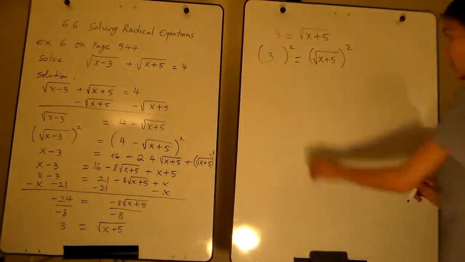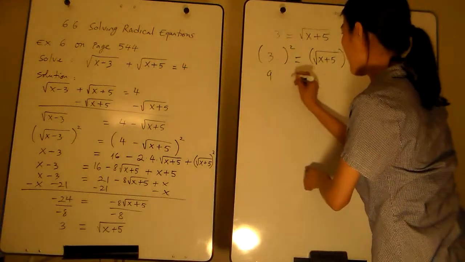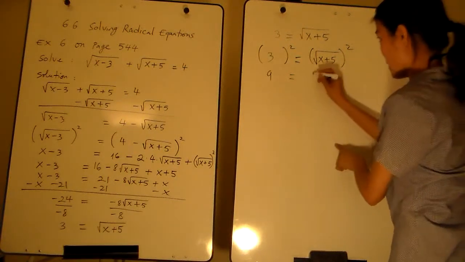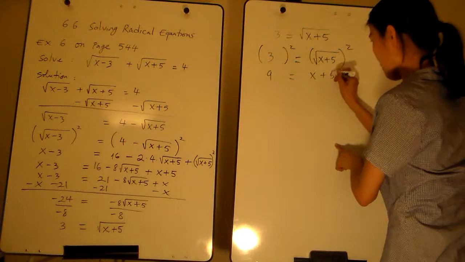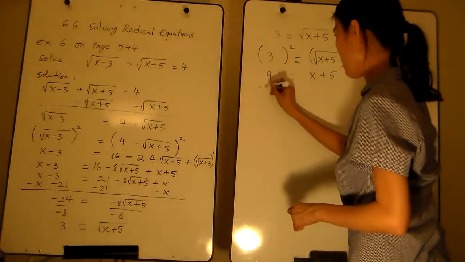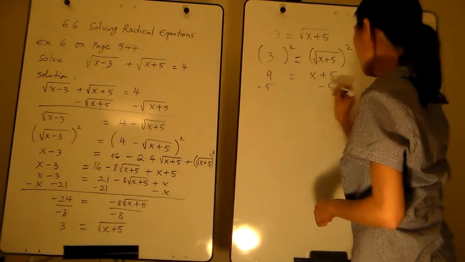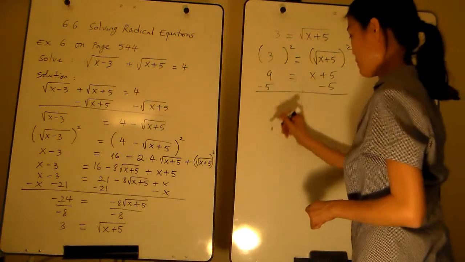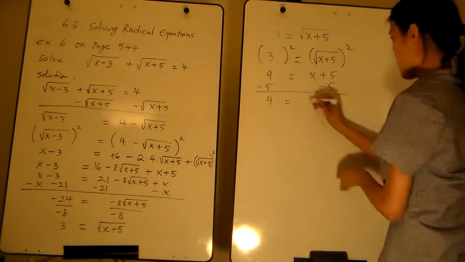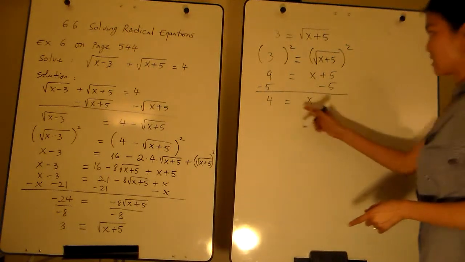Then 3 squared is 9, equal to the square root of x plus 5 squared, which is x plus 5. Now we need to solve for x, so just subtract 5 on both sides. 9 minus 5 is 4 equal to x. So x is equal to 4.